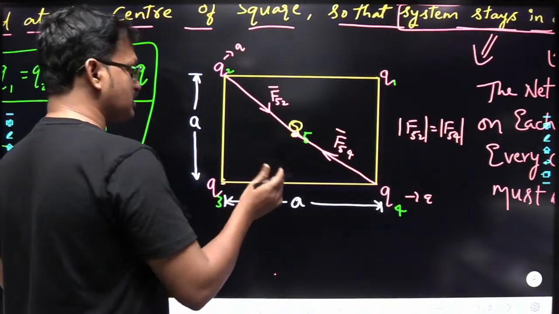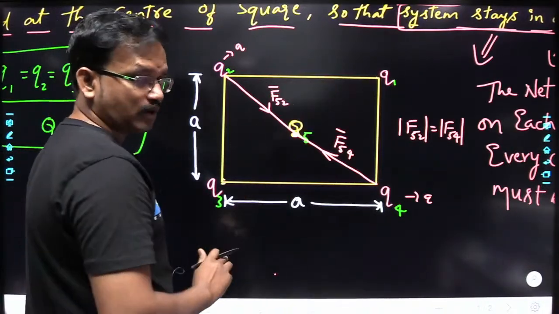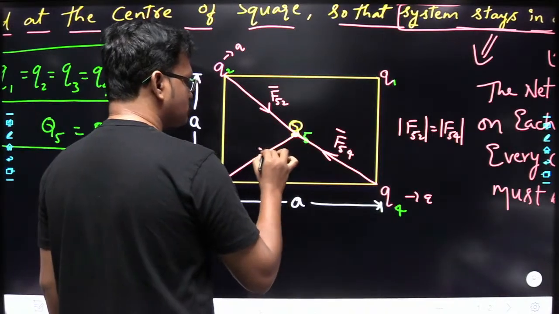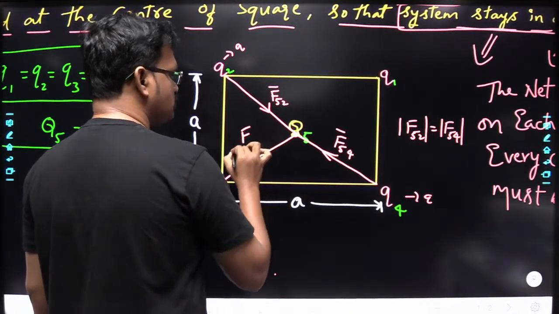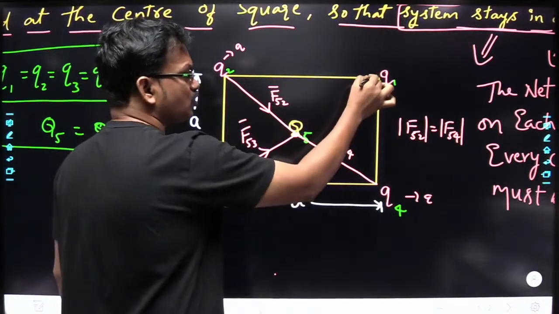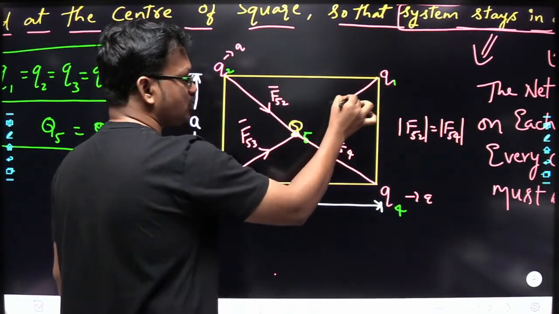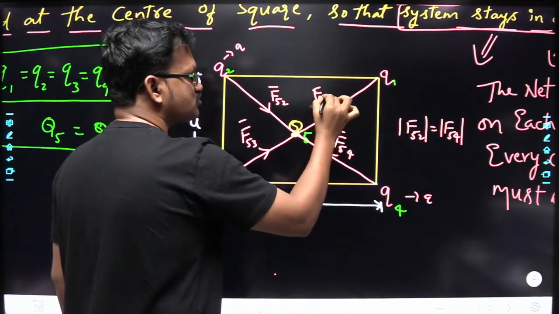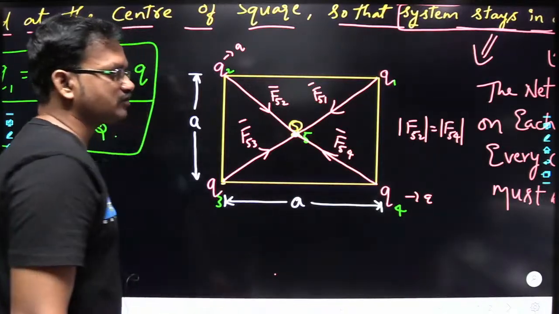Similarly, you can do the analysis with respect to Q3 and Q1. Due to Q3, the force on Q5 is going to point in this direction. So this is the force on 5 due to 3. Similarly, due to Q1, the force on Q5 is going to point in this direction. So this is the force on 5 due to 1.